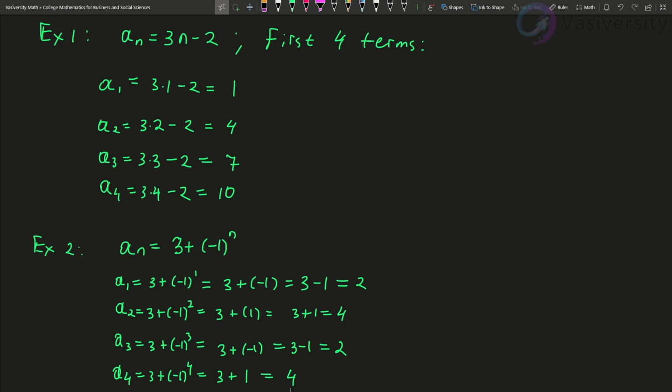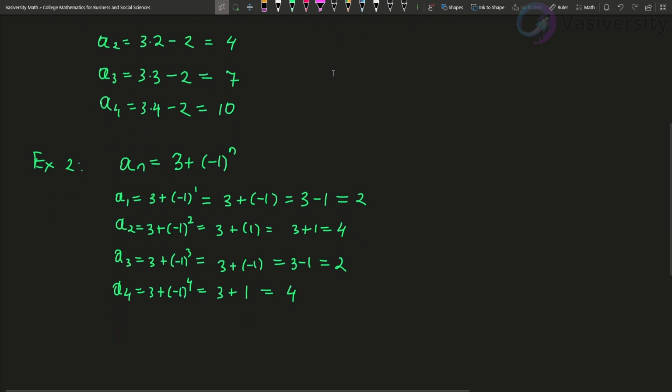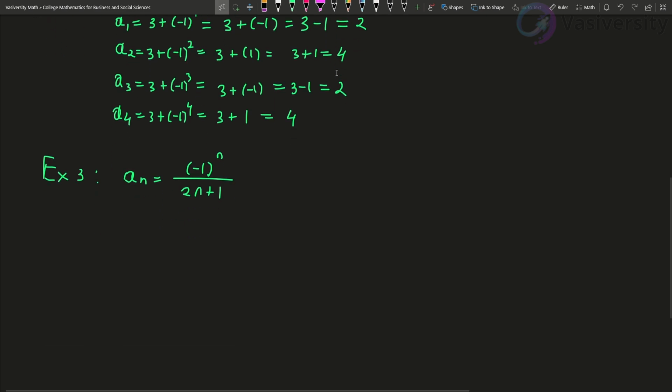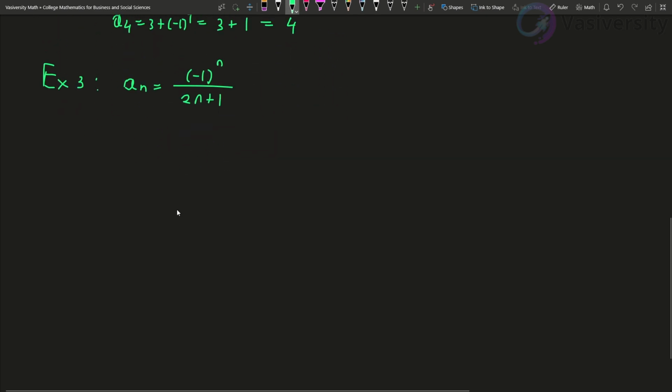Of course, we can get more and more complicated ones. I'll let you try this one on your own. Example 3: a sub n is equal to negative 1 to the power of n divided by 2n plus 1. So the terms for the sequence are as follows.